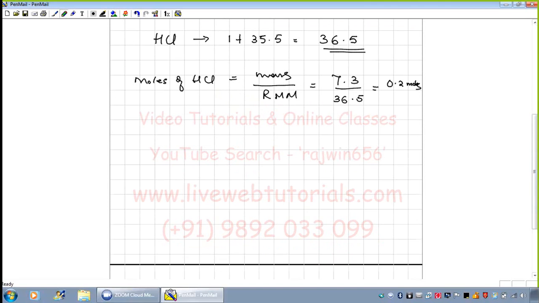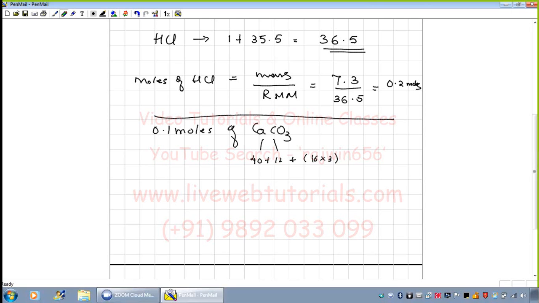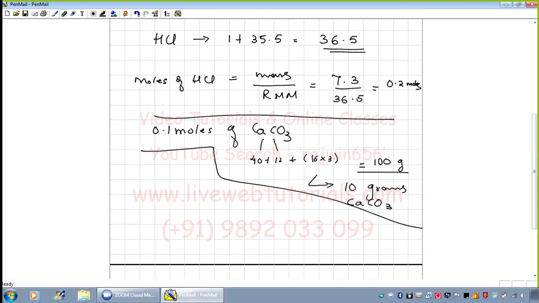Okay. Basically here we are supposed to get 0.1 moles of CaCO3. This is 40. This is 12. This is 100. So for 0.1 mole, it is going to become 10 grams. We want the mass of CaCl2.